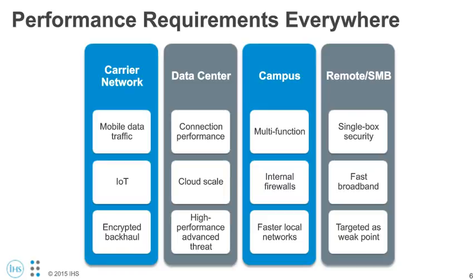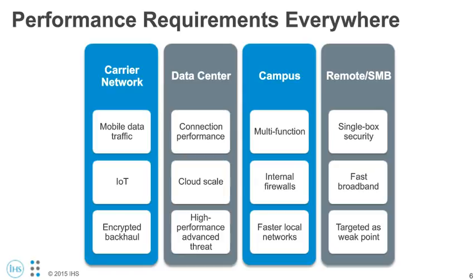In the data center, obviously, things that affect firewall performance considerations are the sheer number of connections that need to be supported. Not something that we used to talk about in firewalls, but certainly something that people are discussing now to get to that cloud scale that everyone's looking for.